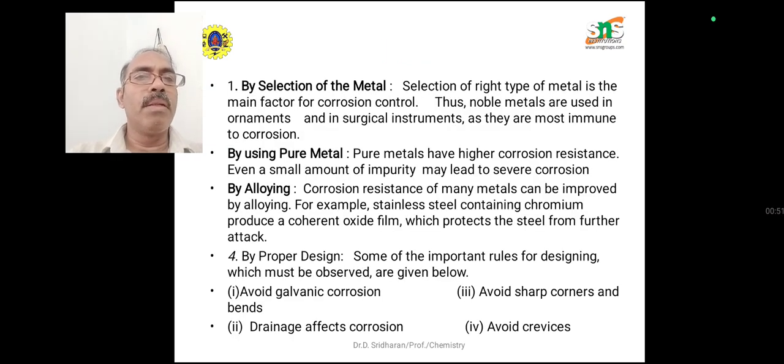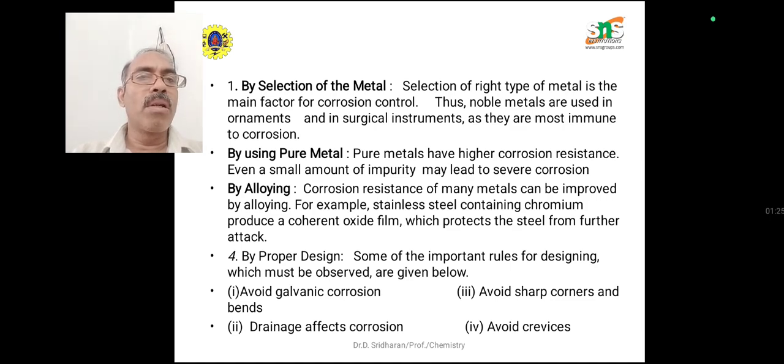By selection of the metal, selection of the right type of metal is the main factor for corrosion control. Noble metals are used in ornaments and in surgical instruments as they are most immune to corrosion. The rate of corrosion is very low in this context. Pure metals have higher corrosion resistance than impure metals.